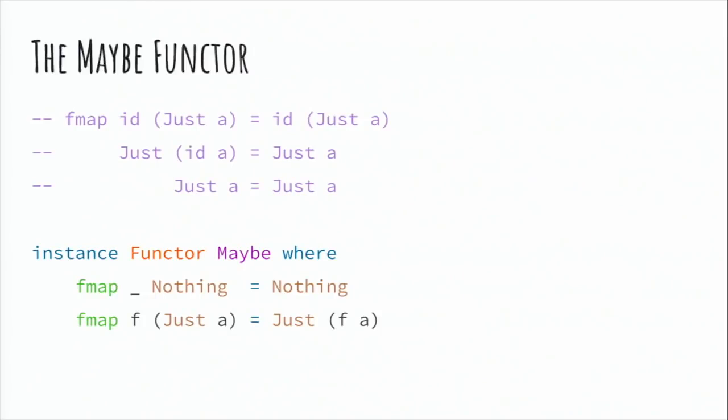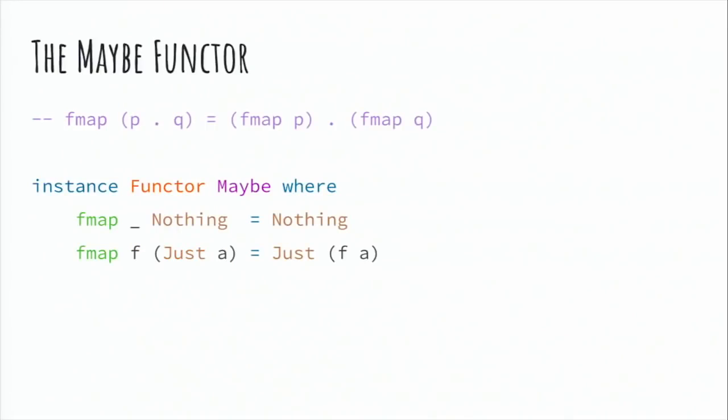But if you apply A to ID, you get A. So that's the third step on the left. And on the right, the identity function, we know it returns the same thing, so it's just Just A. So now we have Just A is Just A. So the first functor law, that fmap ID must be ID for that functor instance, holds for Maybe.